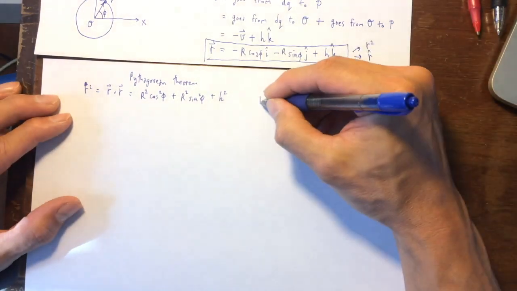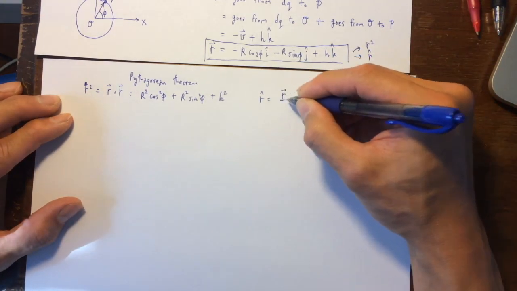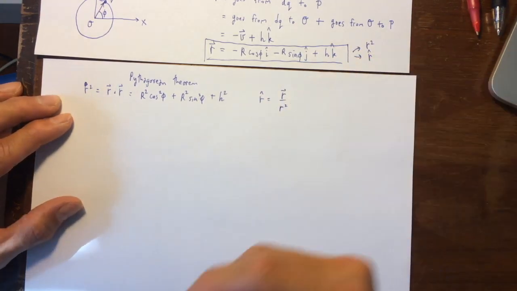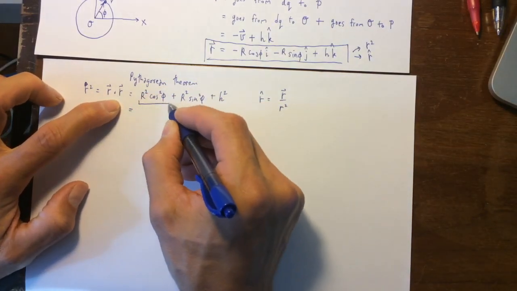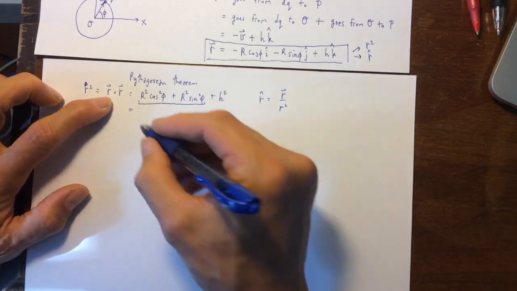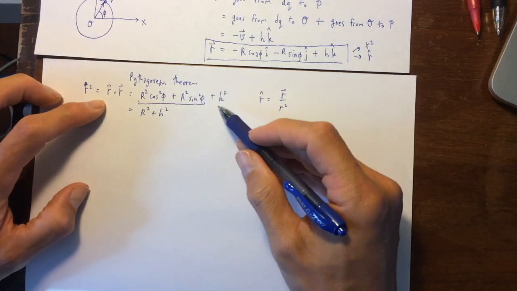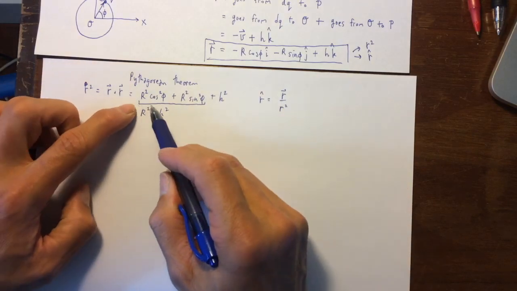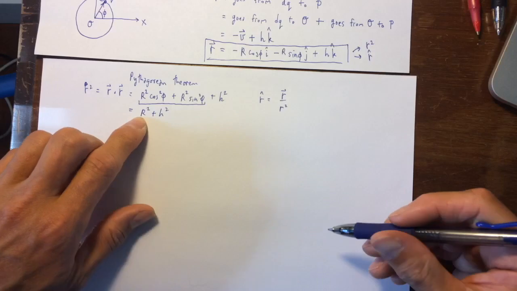And what this means is that I can also write down r hat. R hat is the r vector divided by r squared. And actually, I'm forgetting, if you look at these two terms, you can use a trig identity to rewrite this as just r squared plus h squared. So everything that I put this bracket around simplifies to capital R squared.